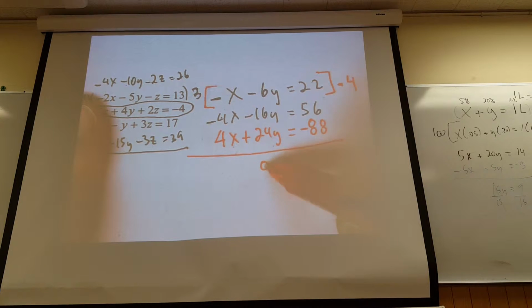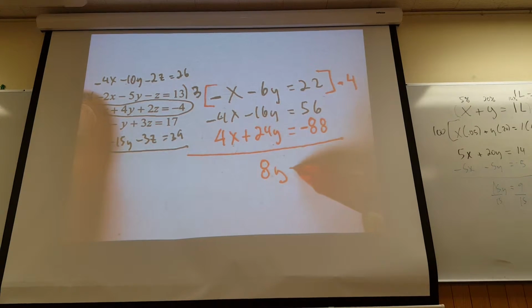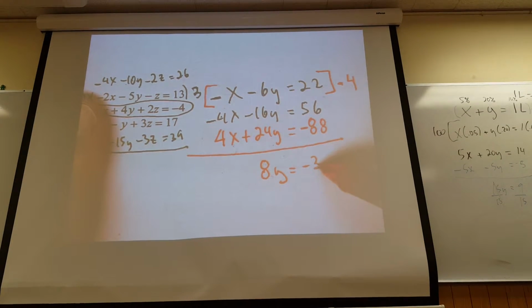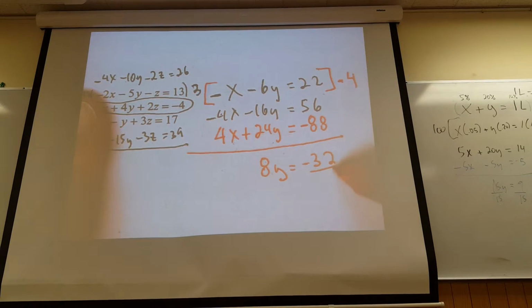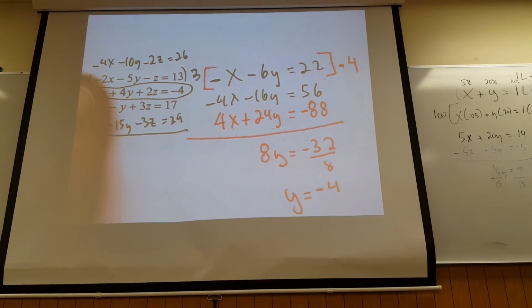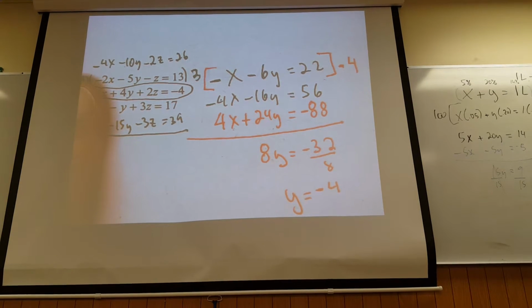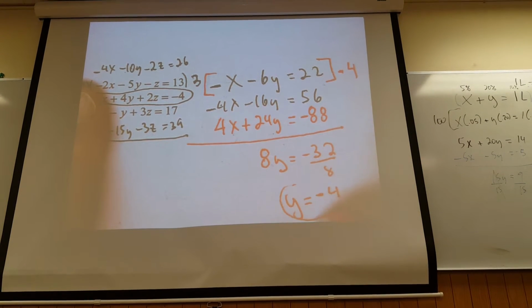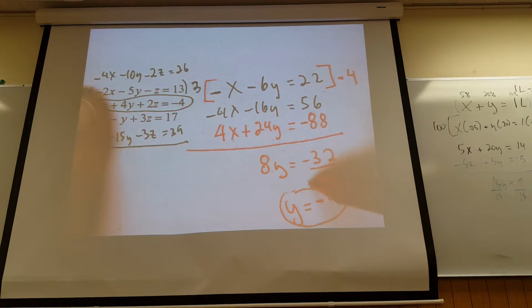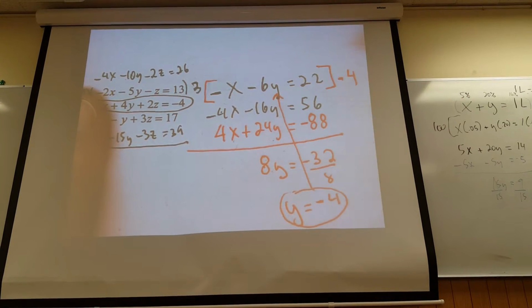So I get 8y equals negative 32. So y equals negative 4.